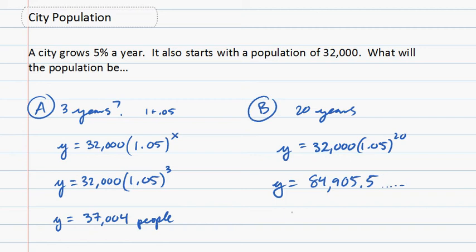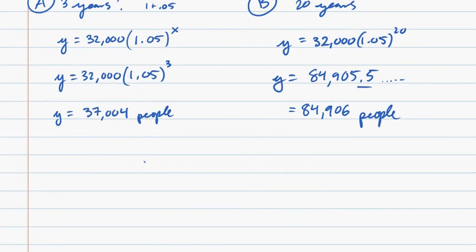The point here, though, is that you can't have half a person. So we would probably round our answer. And we'd also keep in mind that this is an estimate. So if we were to talk to people about this, we'd probably say around 84,900, around 85,000 people we expect after 20 years.